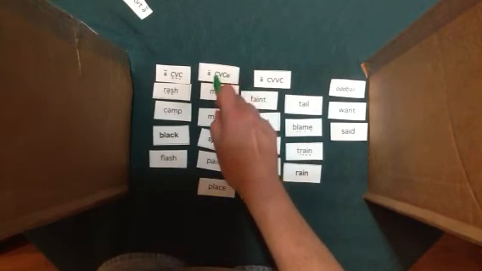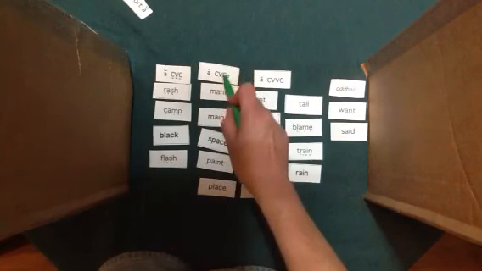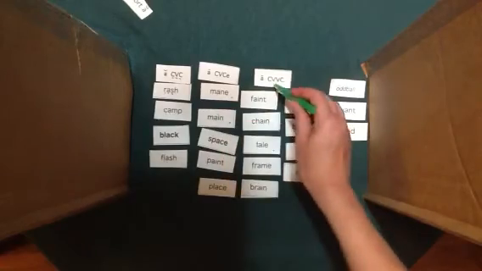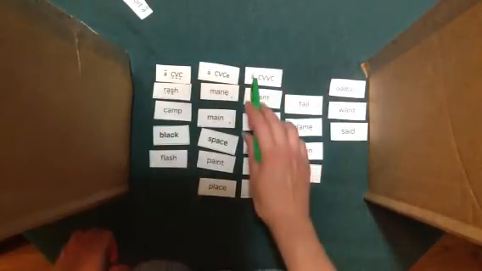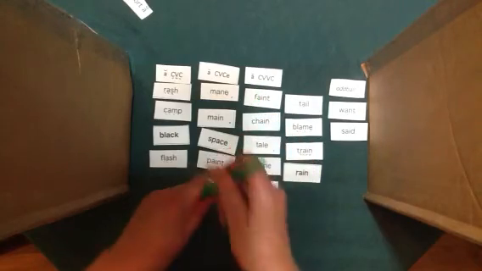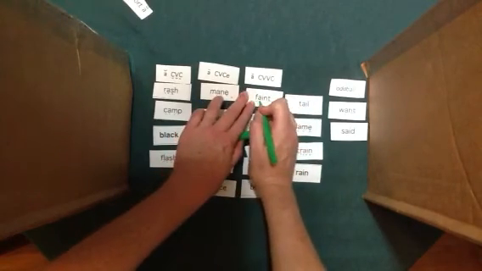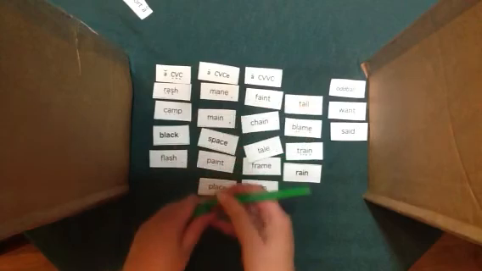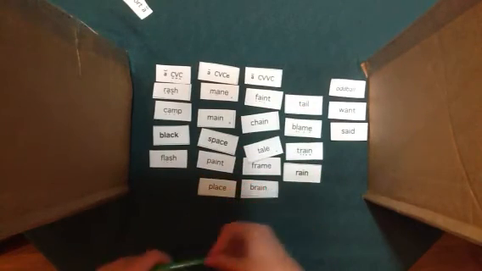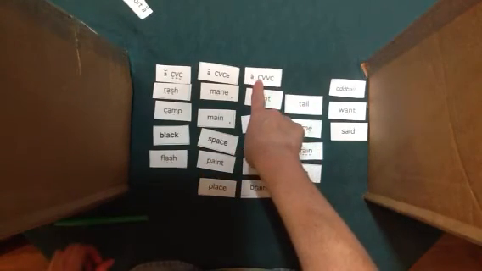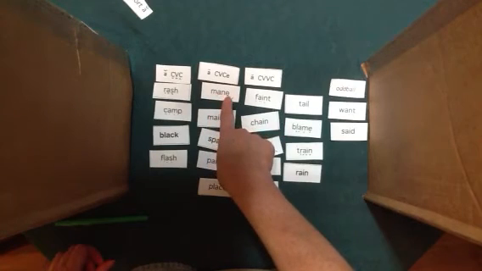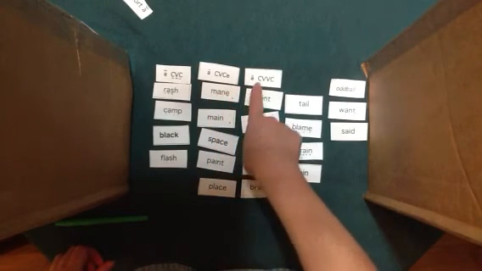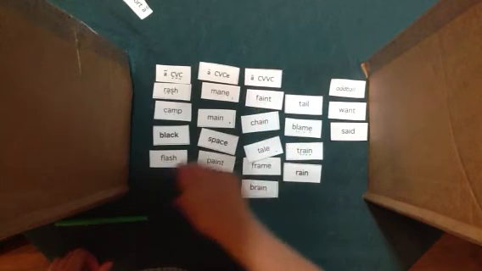The evil E makes the vowel say its name. Here it is. Now here we have a different one. Still long A, consonant, vowel, vowel, consonant. AI makes the long A sound as well. So we're going to sort this one by consonant, vowel, consonant, E. And this one, consonant, vowel, vowel, consonant.